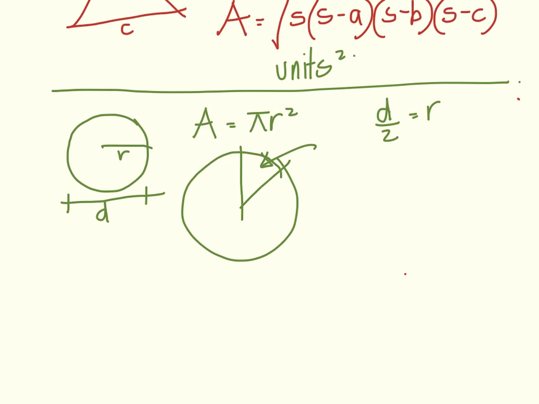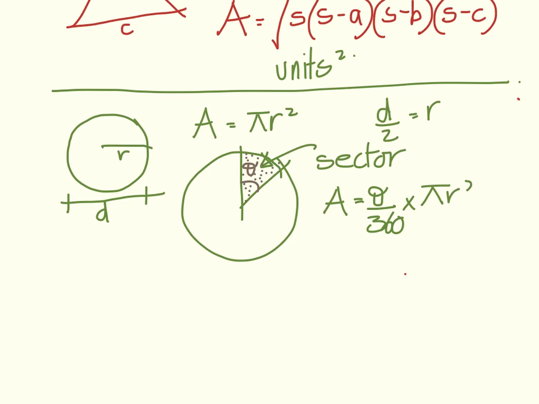So that is called a sector when you have that piece of the pie there. And if we have an angle theta and we want to know the area of this sector, our calculation is area equals theta over 360 multiplied by pi r squared. Okay, that covers that pretty well then.